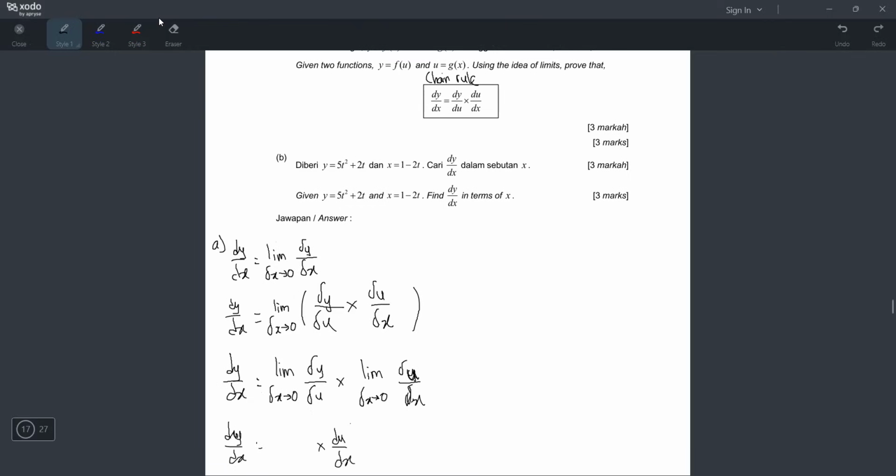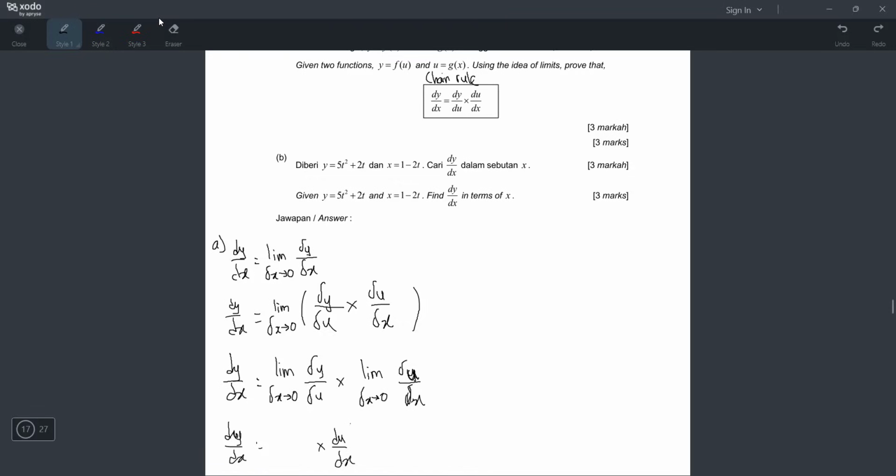The reason why is because, remember I mentioned first, dy/dx is actually the limit as delta x approaches 0 of delta y over delta x. So what if I change this to delta u? If you look at this, it looks exactly the same as this. The only difference is delta u becomes delta y. So you can also change it to du/dx, right? Understand? Then what about this?